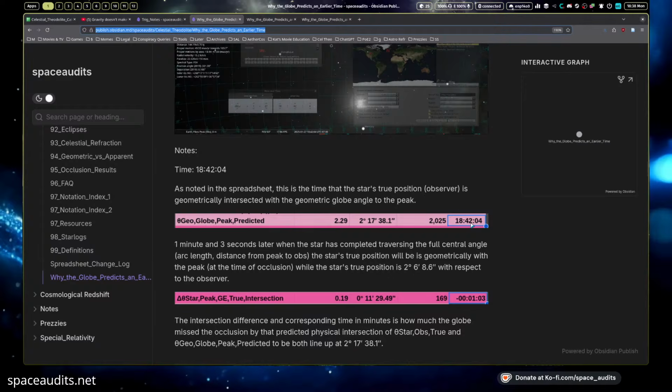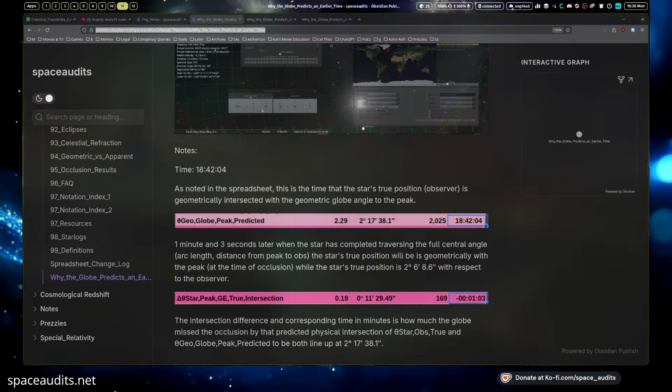We're talking about the geometric intersection, right? In Stellarium, for the angle to actually be 217 to match your globe prediction, it would have to be at 18:42:04. But in reality, the occlusion happened later. Right. What time would it happen on a flat Earth?